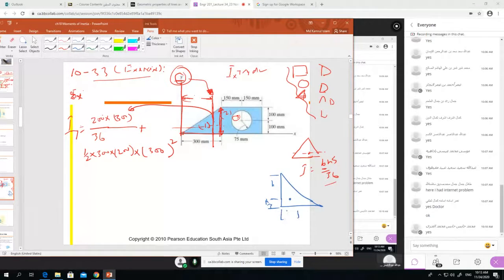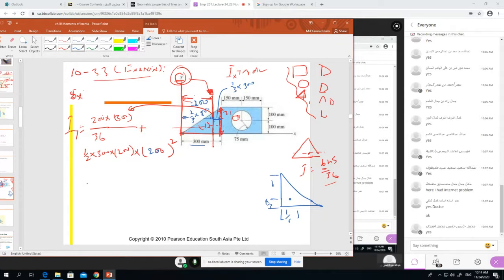So this distance is 1/3 of 300, and from here to here is 2/3 of 300, which is actually 200. So here will be 200, not 300. Okay, so we calculated for the triangle.